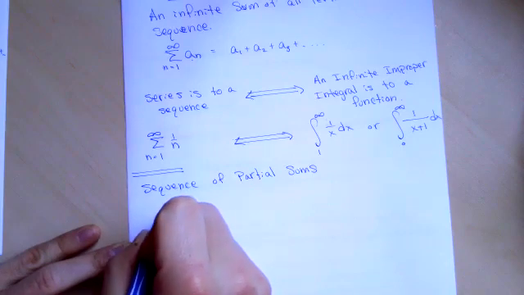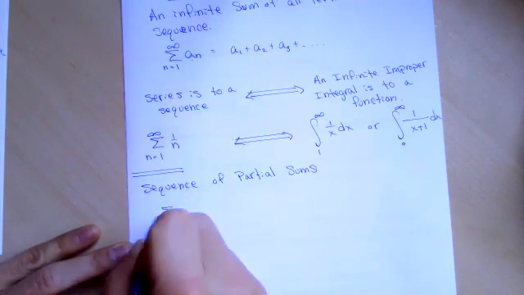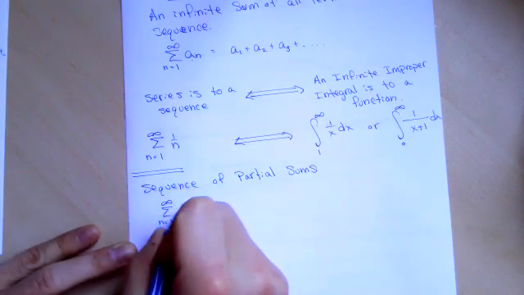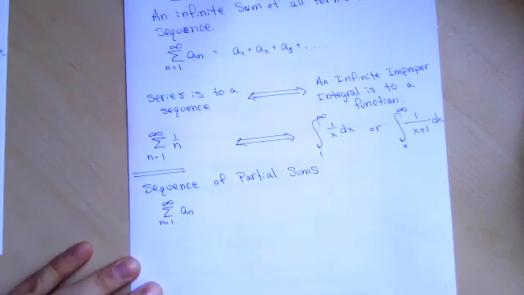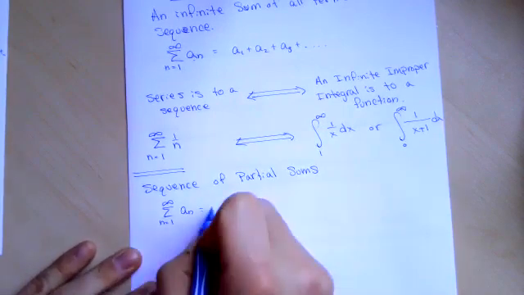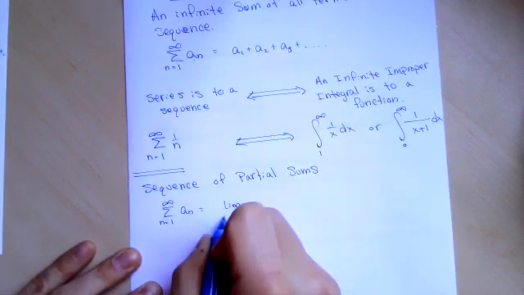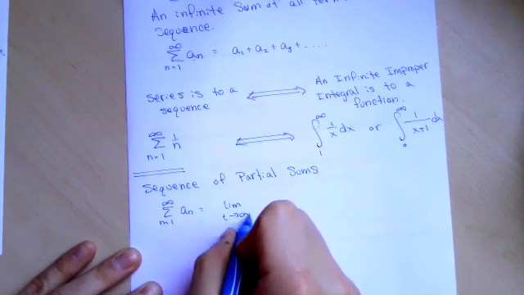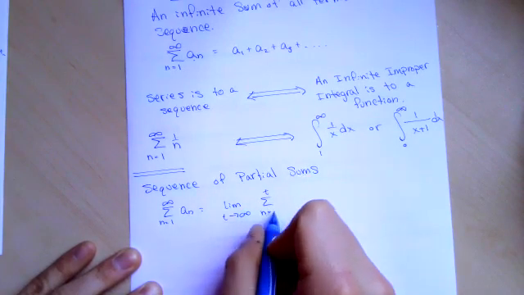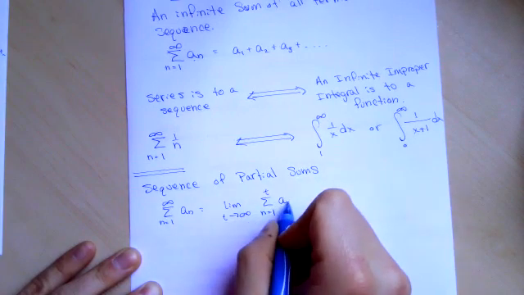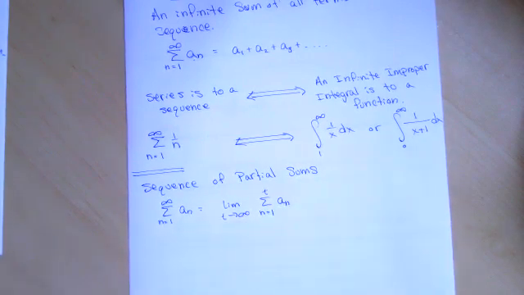If I write the sum from n equals 1 to infinity of a_n, well, we didn't like dealing with these infinities with the integrals. You can consider it as the limit as t goes to infinity of the sum of the first t values.